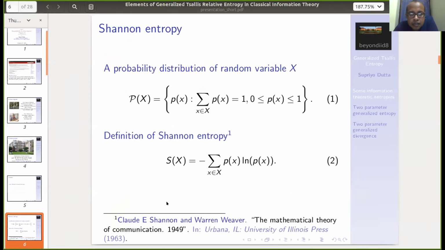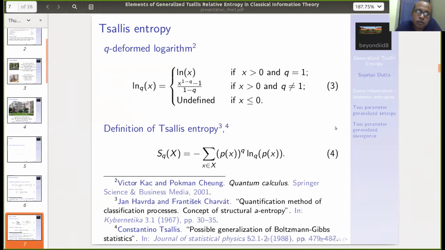We know that the Shannon entropy is the simplest measure of uncertainty in a probability distribution. There are attempts to generalize the Shannon entropy, such as the Tsallis entropy, which uses the q-deformed logarithm.